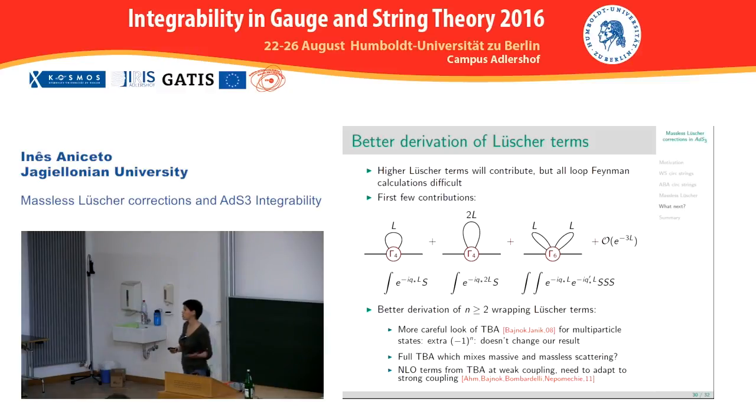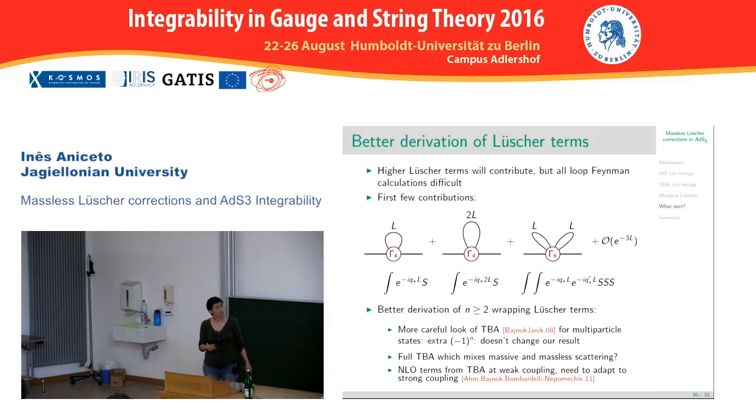These types of corrections were not considered in our calculation, and in different calculations could return a different result and change the coefficients. So we might need a better derivation of the wrapping Luscher terms for n greater than 2.